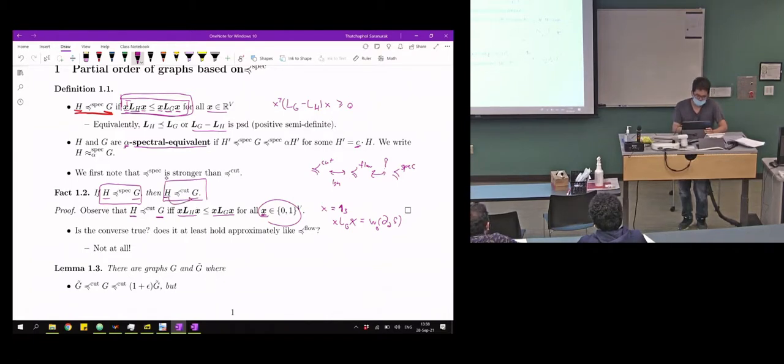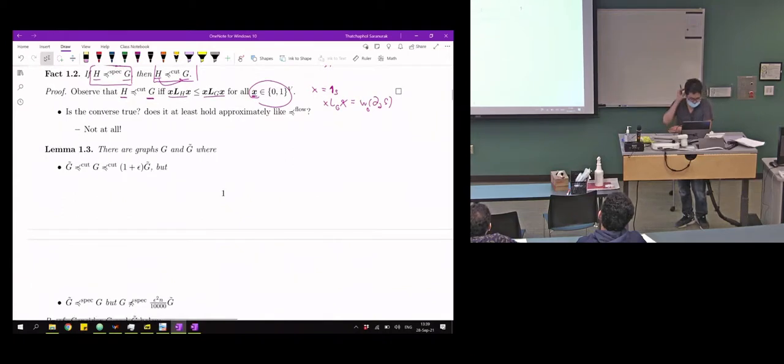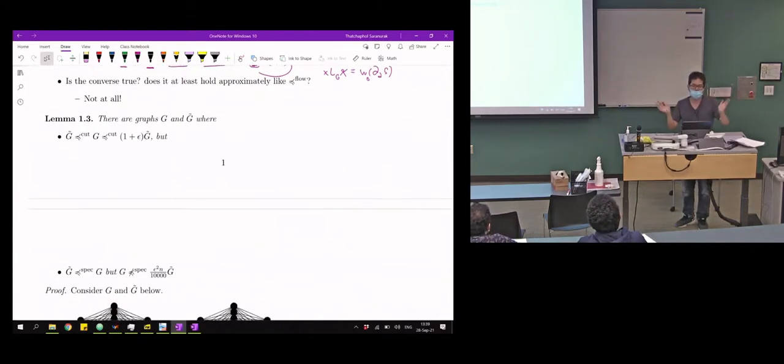If h is less than g in cut sense, can we say that within some factor, h is also less than g in spectral sense? So it turns out that this is not true at all, surprisingly. Not sure if it is surprising, but it's not like flow where you still have some equivalent up to log n factor.